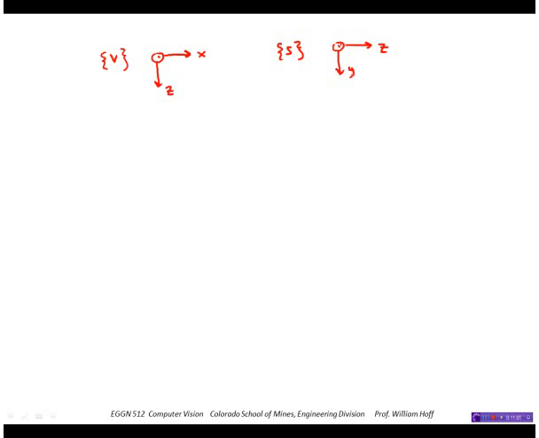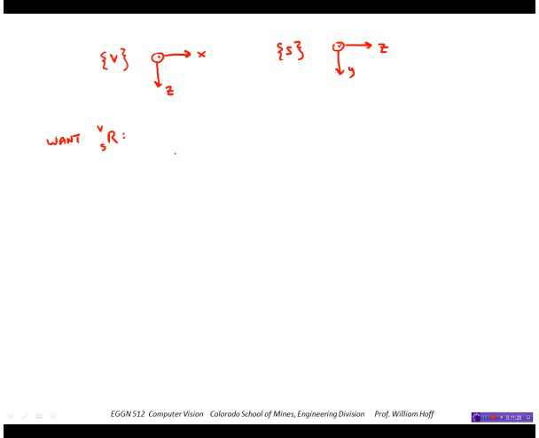So we want to find the rotation from sensor to vehicle. So that means we start with the sensor aligned with the vehicle, and we rotate about the x-axis of the vehicle, the y-axis of the vehicle, and the z-axis of the vehicle until we wind up with the vehicle's coordinate system.